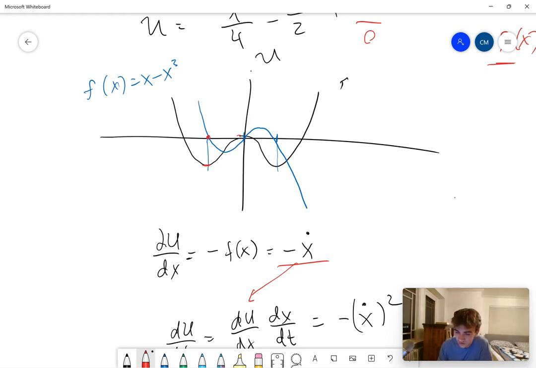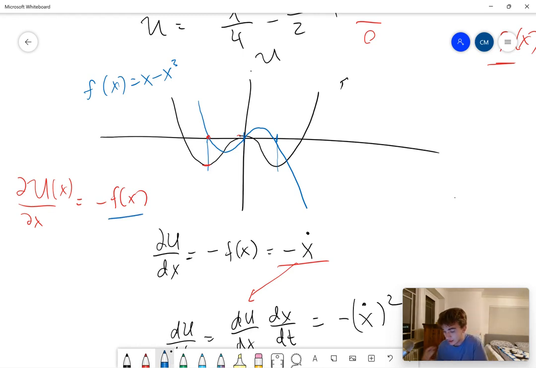Since u of x, when we take the derivative, is just negative f of x, whenever there's a 0 of f of x, i.e. at a fixed point, we're going to have a maxima or minima of the potential function. So therefore we can see that, yes, indeed, all of our fixed points are going to directly correspond to critical points of the potential function.